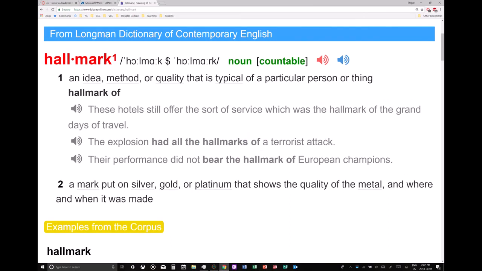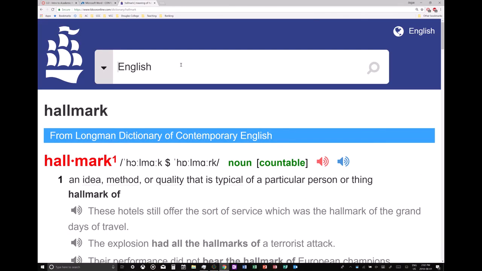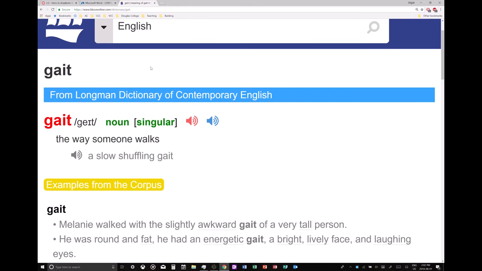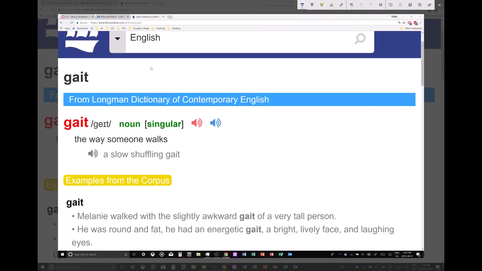Let's check the last word, which is gait. Okay, well, you read it, it's right there, it's pretty simple. We found the right definition right away. Yes, it's a noun, and it's the way someone walks.